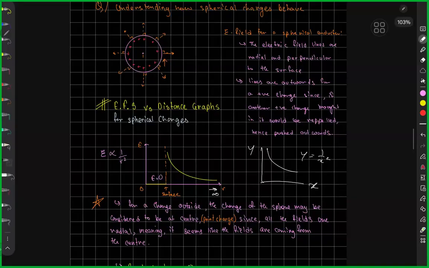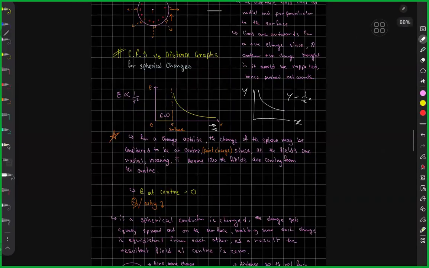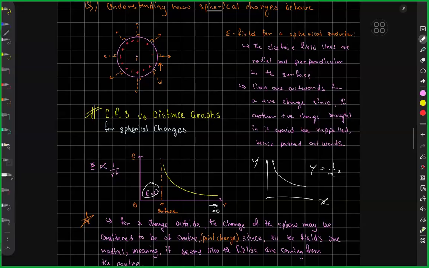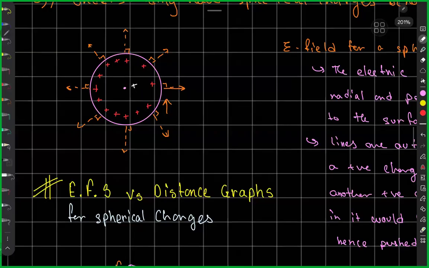What happens inside the sphere is the electric field strength is 0. Why? What this means is, if I have any charge inside the sphere located exactly here, somehow I managed to locate a charge inside right over here, positive or negative, does not matter, it will feel 0 repulsion or attraction inside the sphere. 0.